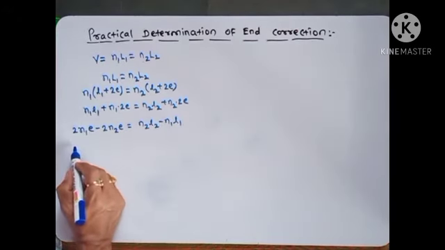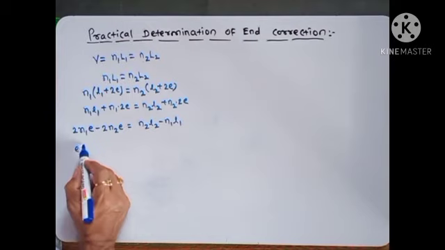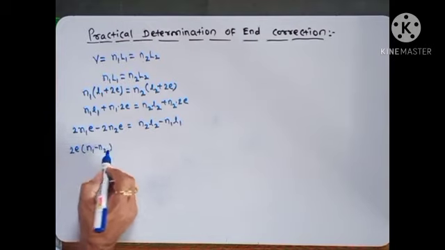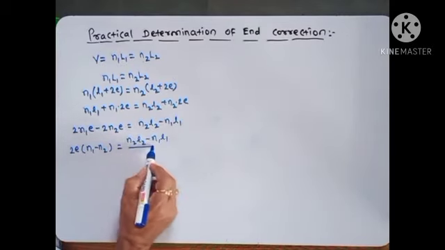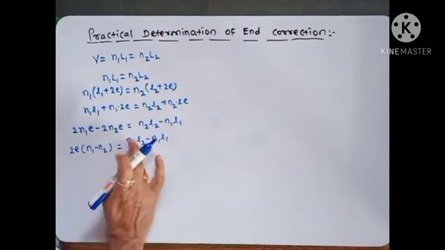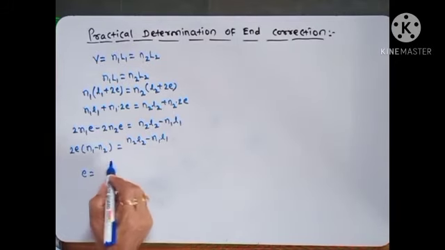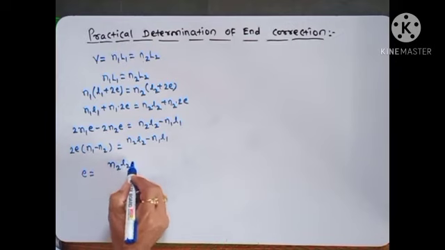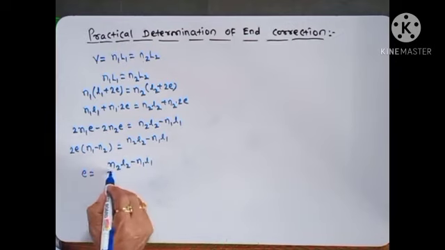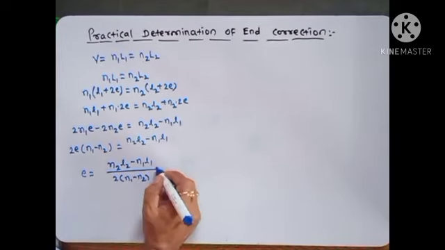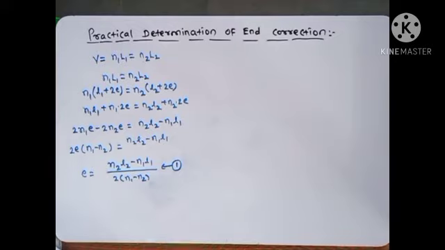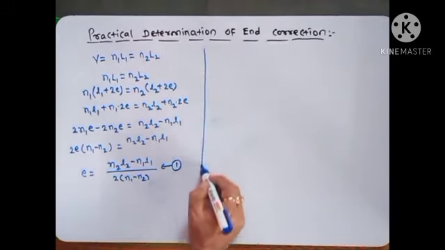Taking twice E common, N1 minus N2 is equal to N2 L2 minus N1 L1. Or we can write E, that is end correction, equal to N2 L2 minus N1 L1 upon 2 into N1 minus N2. And by using this relation, we can easily obtain the end correction when the pipe is open at both ends.